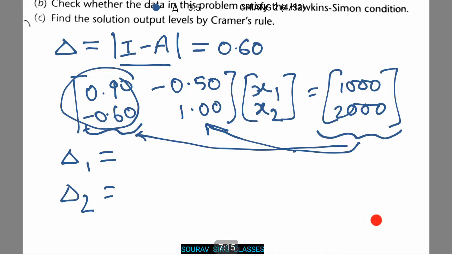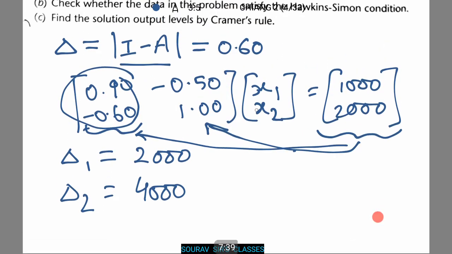Let's see what the values will be upon calculation. You can pause the video and figure it out on your own and then check for the answer. Don't worry, we're gonna help you with everything. That is, we get D1 equals 2000 and D2 equals 4000.